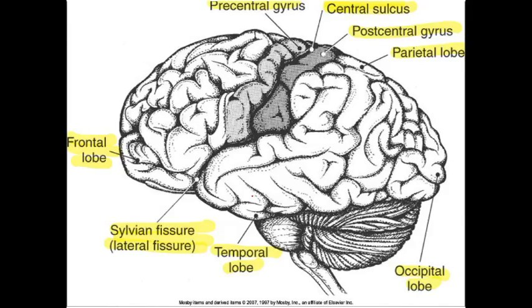So here we can see what is kind of an oblique view of the brain. You have the frontal lobe being here, the occipital lobe residing in the posterior, and then you have the Sylvian fissure, which is separating this with the central sulcus.